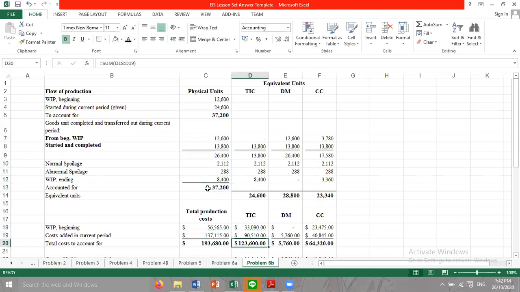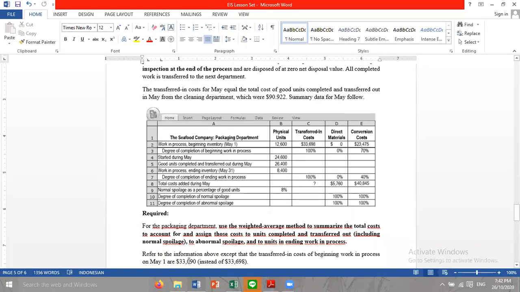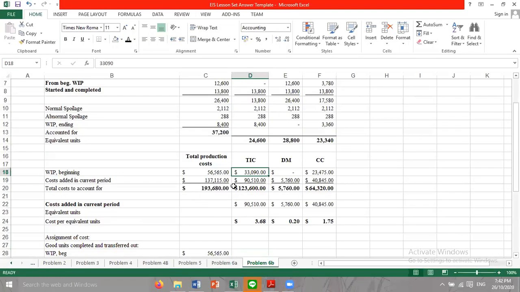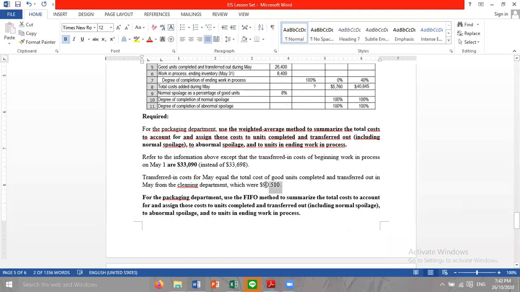Now that we have the equivalent units, once again, to calculate the cost per equivalent unit in FIFO, we use cost added in current period. This time, our value of transferring cost in WIP beginning is 30,090, whereas for the cost added in current period, as provided, is 90,510.